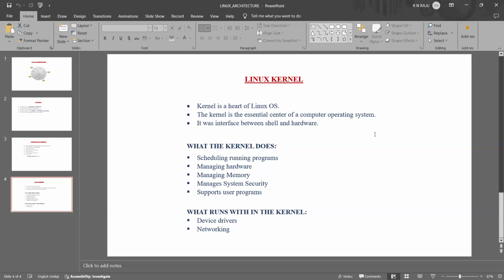The remaining functions may work, but what is the use? Same way here. The core component of the OS is called the kernel. It is an interface between shell and hardware, and the kernel mainly makes coordination possible between user and hardware.